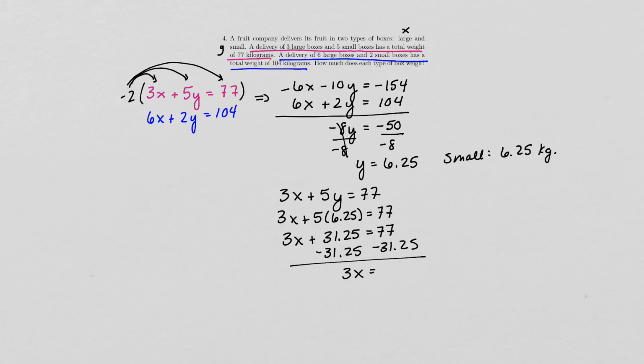So I have 3x equals, so 77 minus 31.25 is 45.75. And then if I divide all that by 3, we get 15.25. So the large boxes, because x represented the large boxes, are 15.25 kilograms.